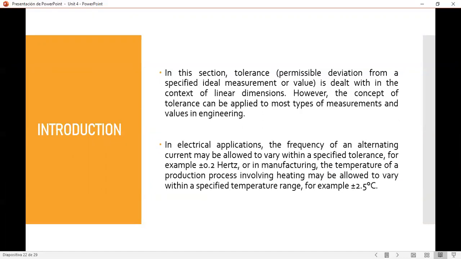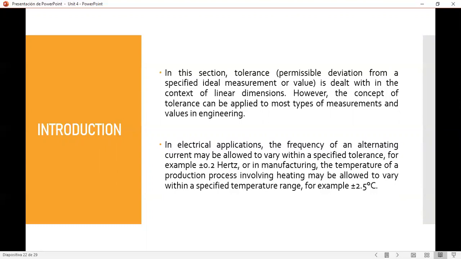Now, in electrical applications, the frequency of an alternating current may be allowed to vary within a specified tolerance. For example, plus minus 0.2 hertz. Or in manufacturing, the temperature of the production process involving heating may be allowed to vary within a specified temperature range, for example, plus or minus 2.5 Celsius degrees.